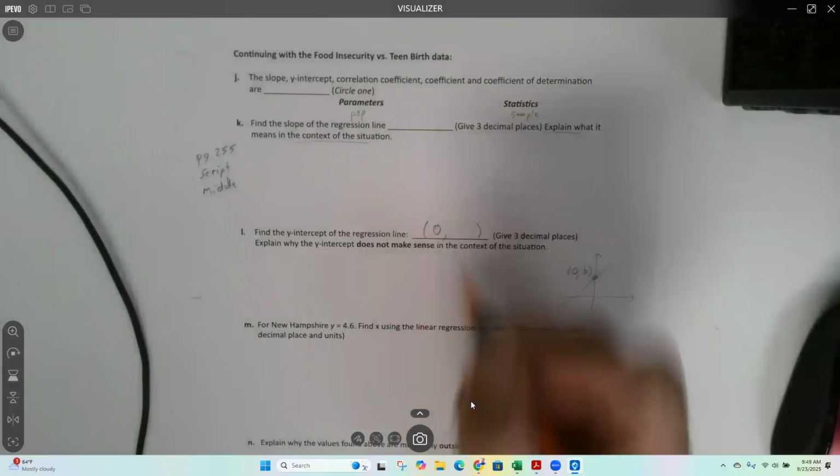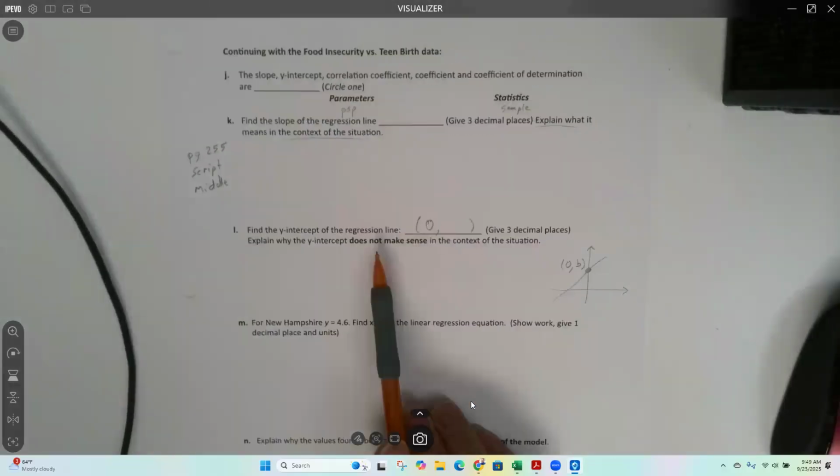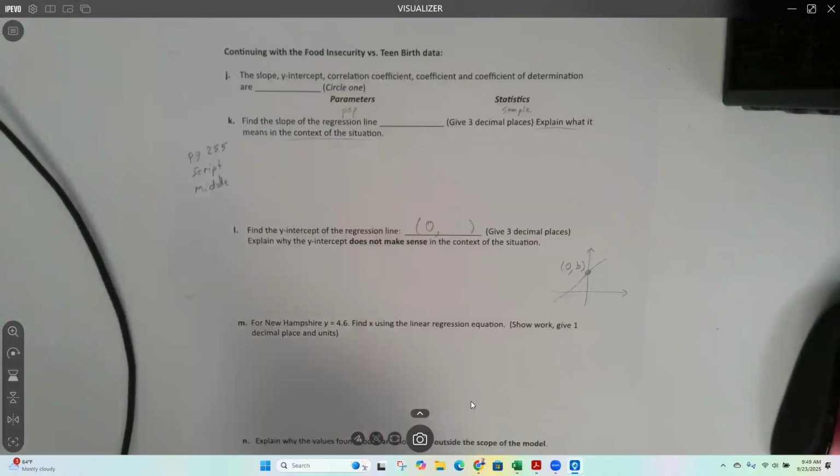And oftentimes that is not going to make sense, okay? In the example with forearms and height, 0 would mean that someone has a forearm of length 0. Or if x is the height, someone has 0 height, okay? That doesn't happen. There's no way someone can have 0 height, right? So often, 0 does weird things, right?